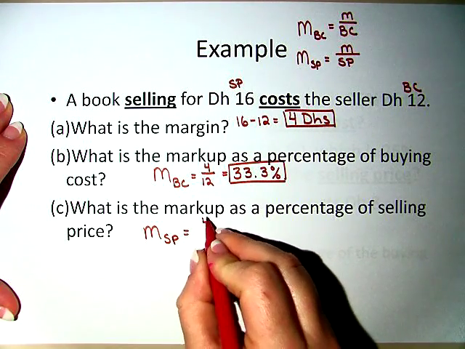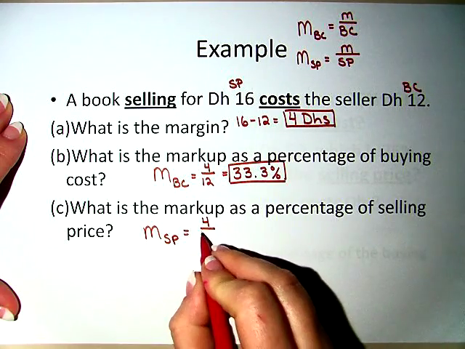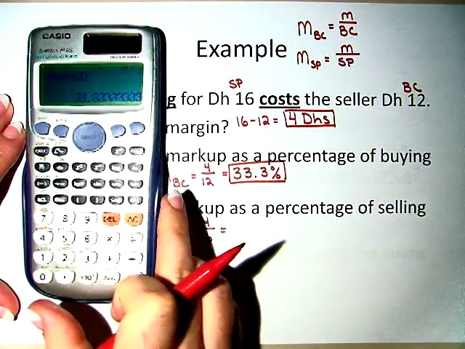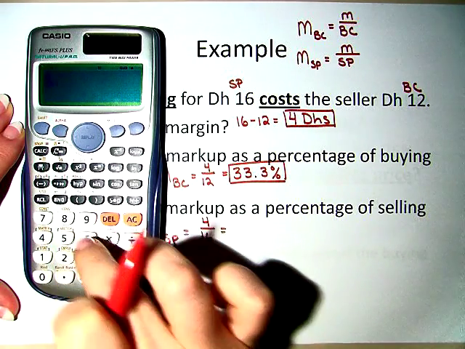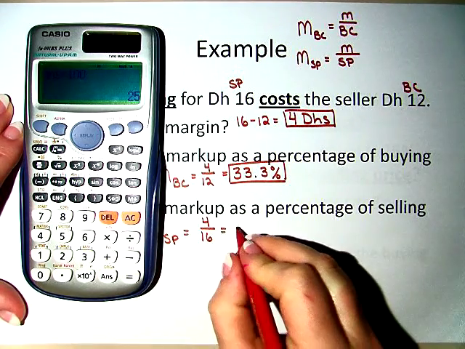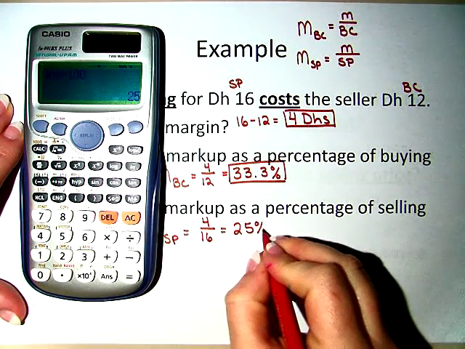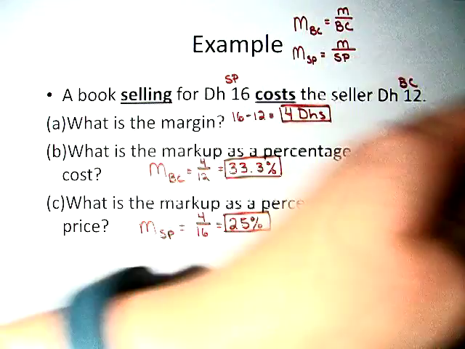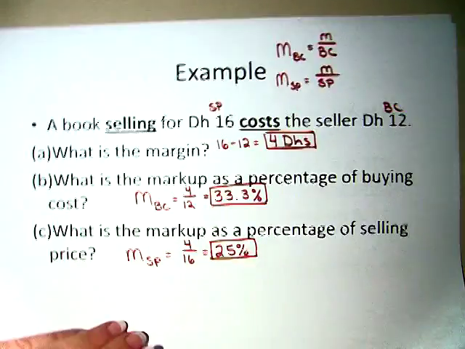So once again, we're going to do 4 because that is our markup over 16. So 4 over 16, we multiply by 100, and we get that that is 25%. Pretty easy. Let's look at the next one.